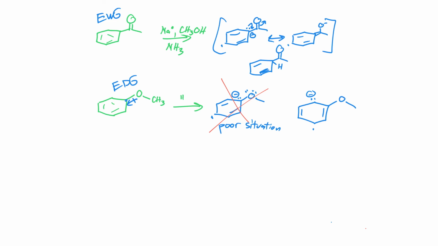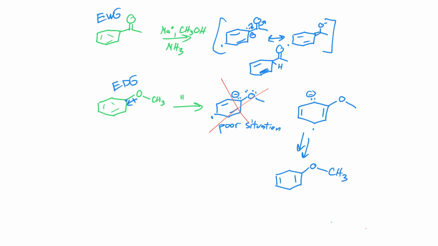That's going to be the situation that happens in this case because of the bad interactions that I described in this first attempt. And so once we add some hydrogens and we add another electron, this is the product in this case.